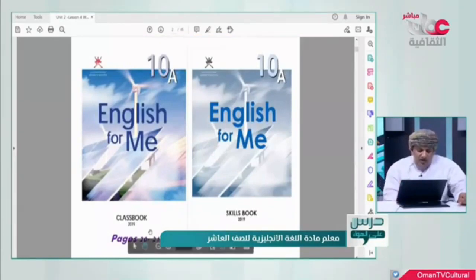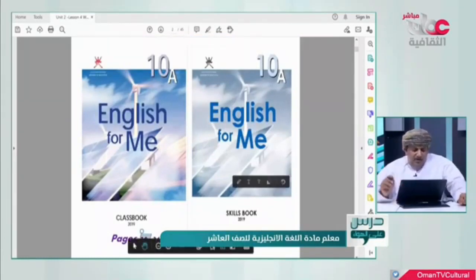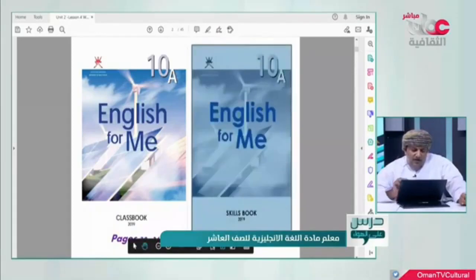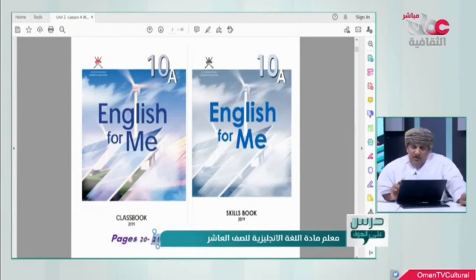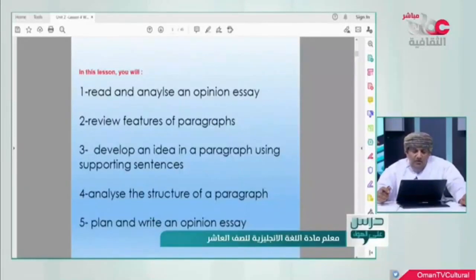In your class book, we are going to have pages 18 and 19, and in your skills book pages 18 and 19, and also pages 45, 56 and 57.